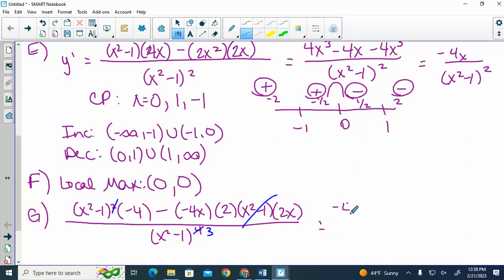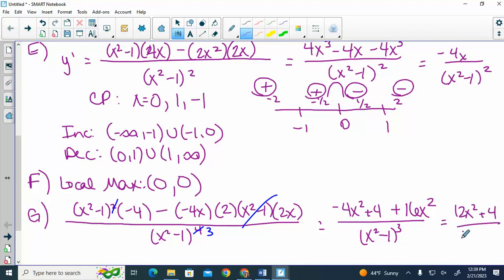So we get negative 4x squared plus 4. Here, minus a negative, so plus 4 times 2 times 2x, 16x squared. So we get 12x squared plus 4 over x squared minus 1 cubed.